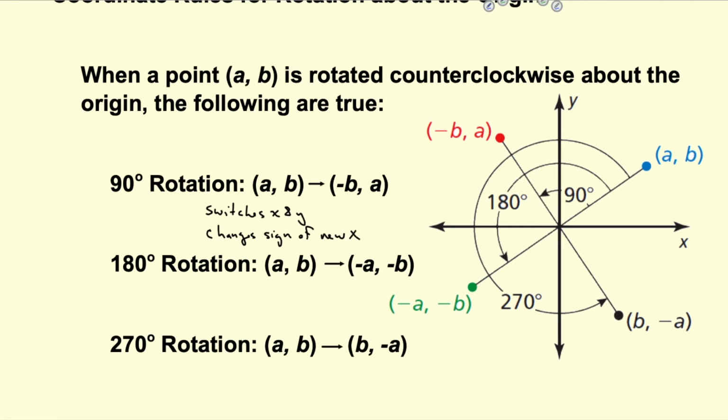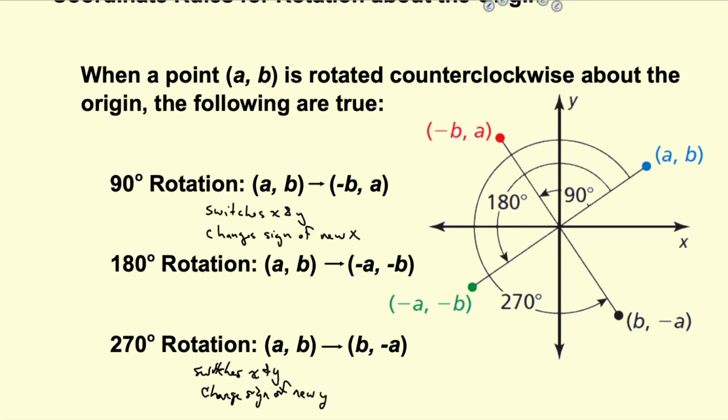The 270 does the same thing. It switches your x and your y, and it changes the sign of your new y value.